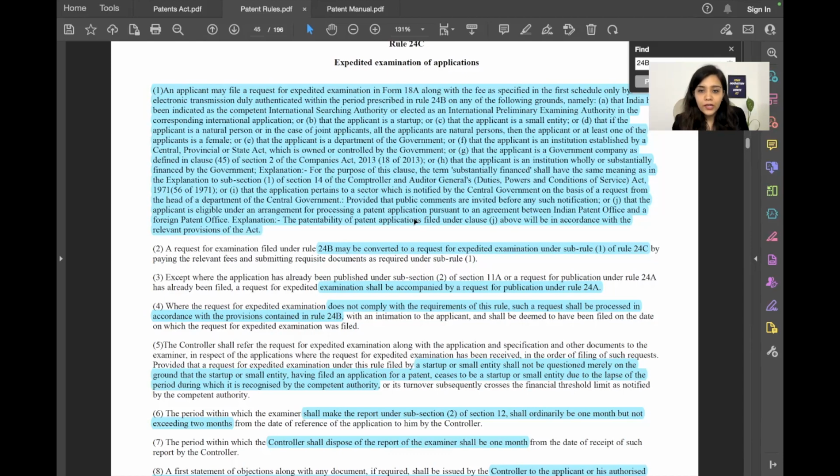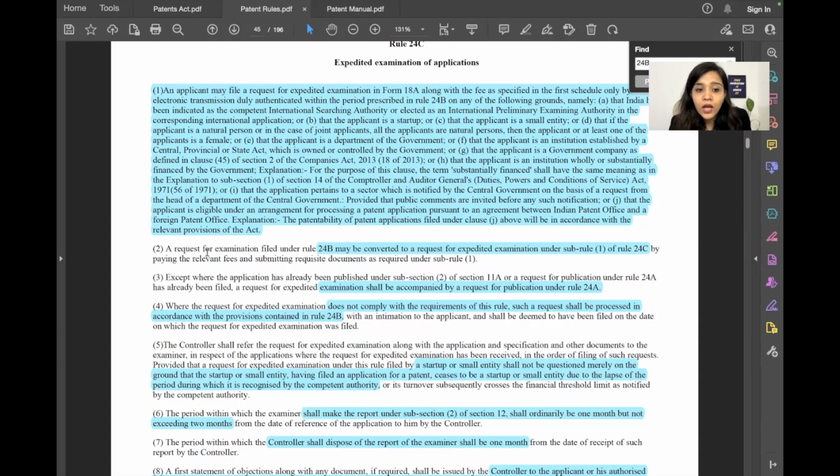So if you are a female applicant, or you have chosen ISA or IPA in the international application as India, or you are a startup or a small entity, if any of the grounds is applicable, then after paying the difference of fee, you can file for expedited examination.